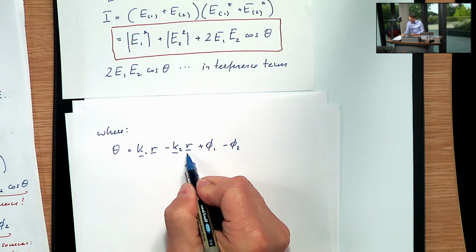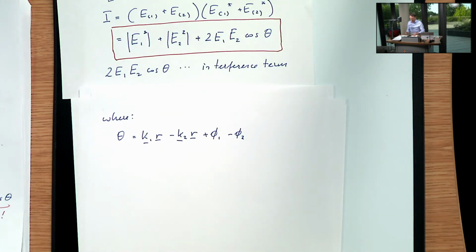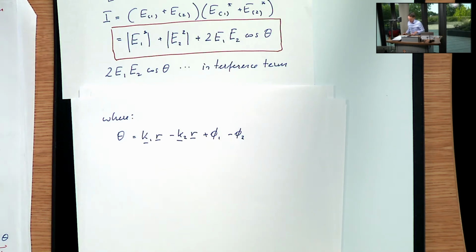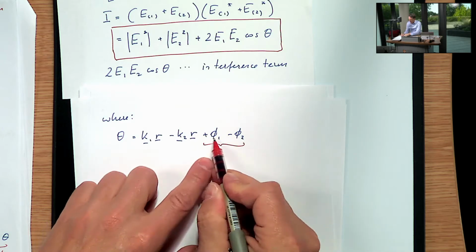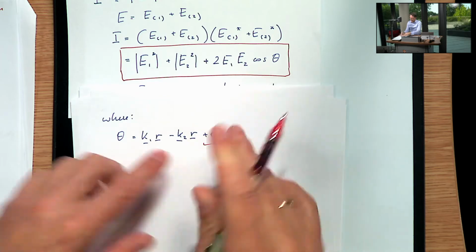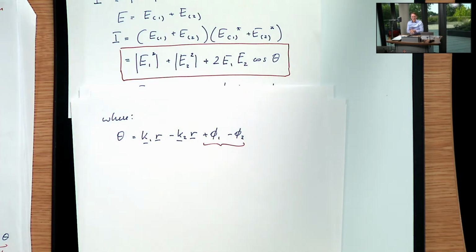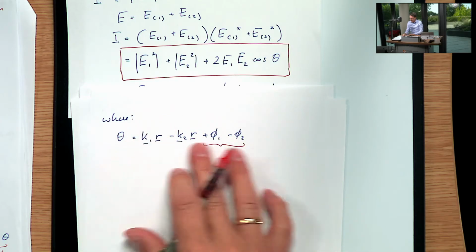And so now you see that if the phase difference theta 1 minus theta 2 between the two waves is constant in time, then this theta here will remain constant.